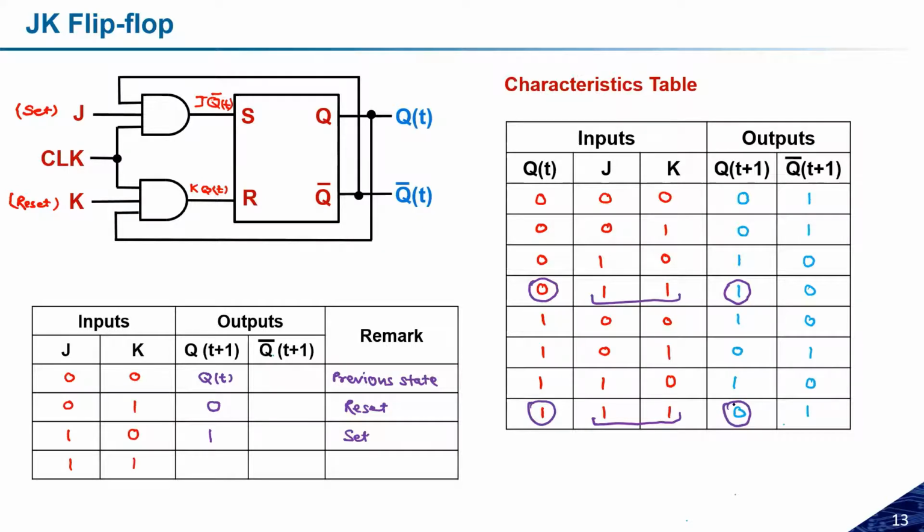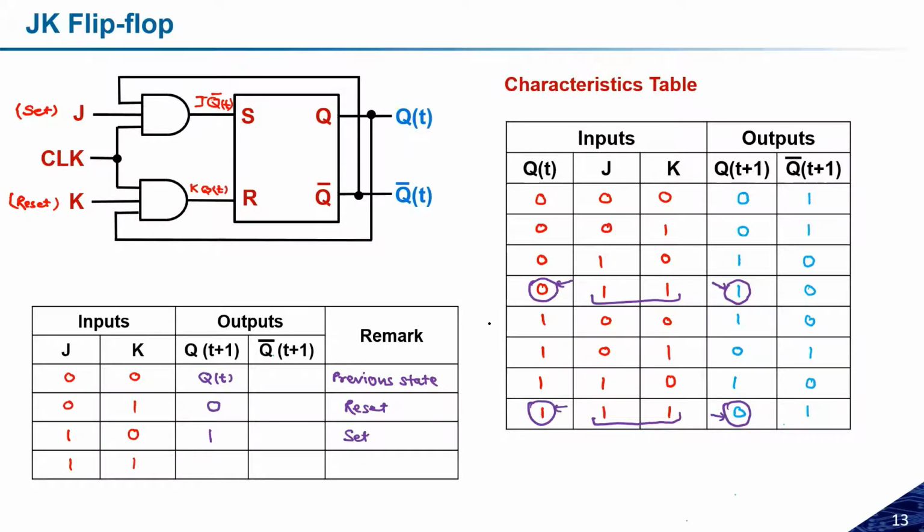What it means is that this last combination is really very important. If J is equal to 1 and K is equal to 1, in that case, output Qt plus 1 becomes 1 if the Qt is 0, and Qt plus 1 becomes 0 if Qt is equal to 1.